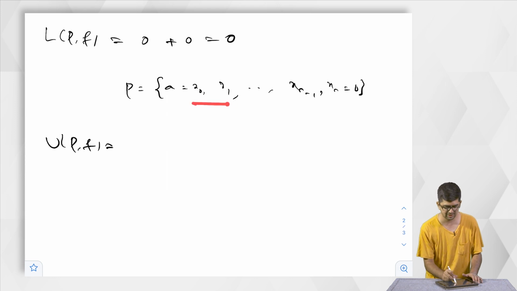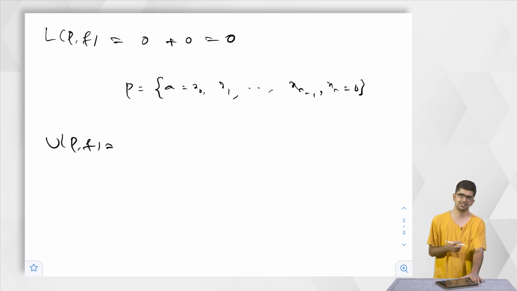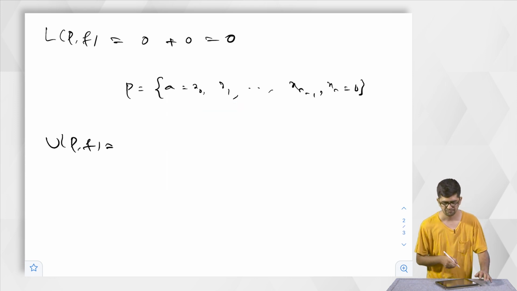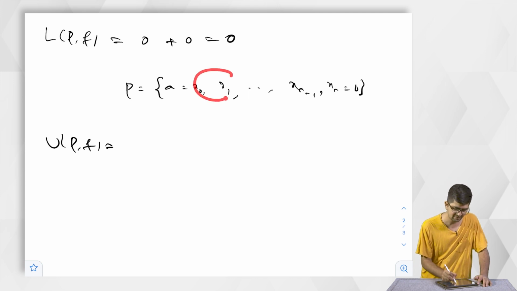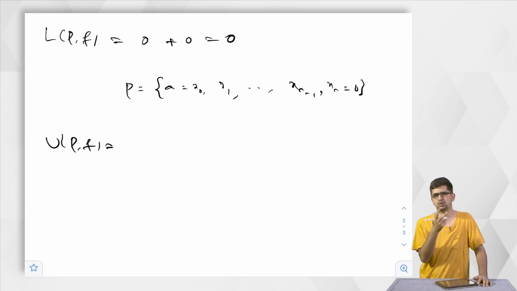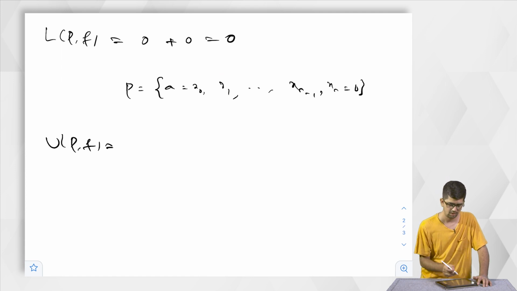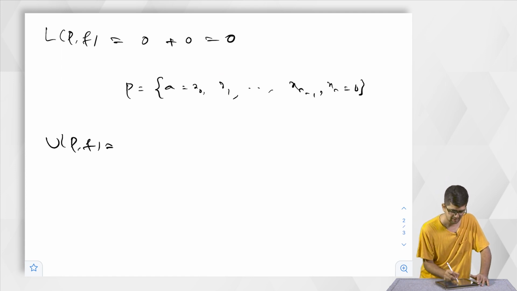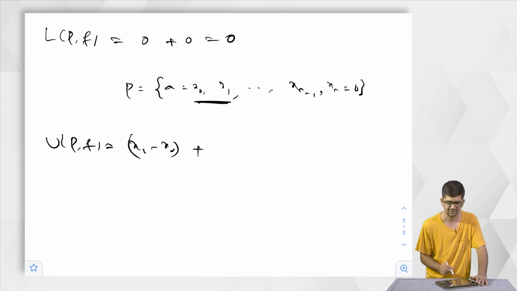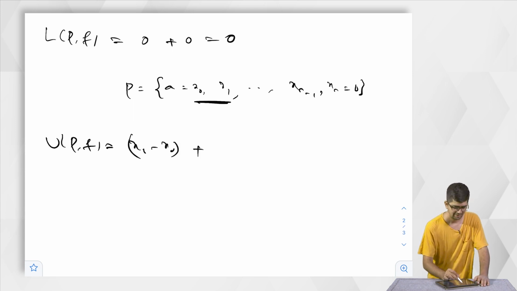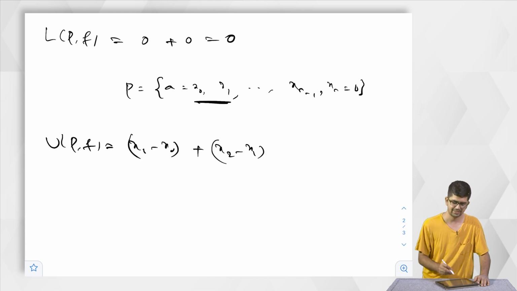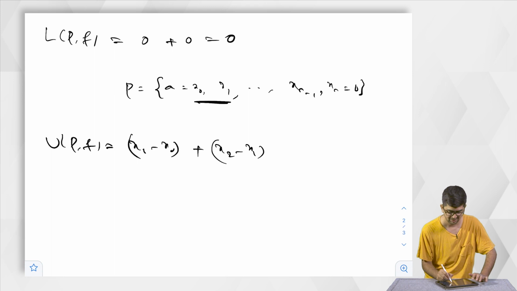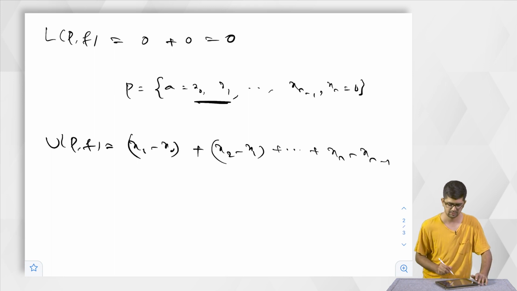So, x0, x1 is a closed interval, it contains both rational and irrational numbers. So, when I restrict f to this interval, the image contains two elements again, 0 and 1. So, supremum is 1 times the length, which is x1 minus x0, plus I have to repeat the same thing. The next thing is x2 minus x1, then x3 minus x2, and so on, up to xn minus xn minus 1.